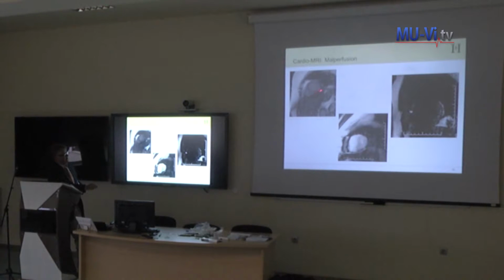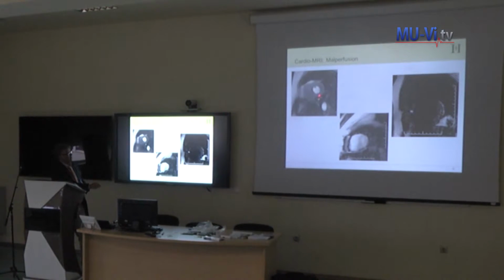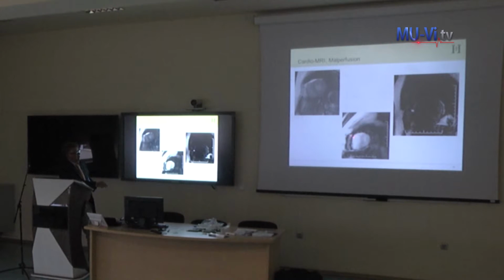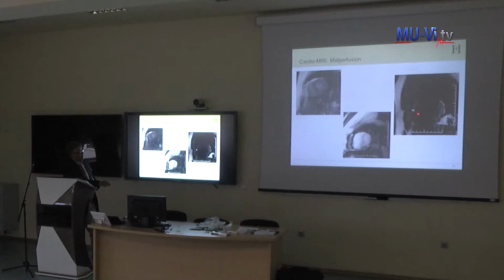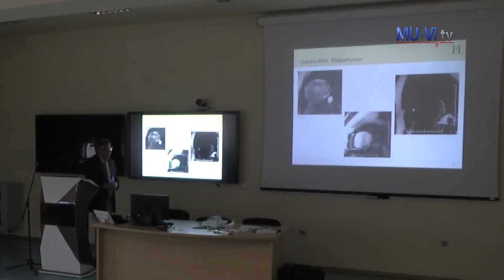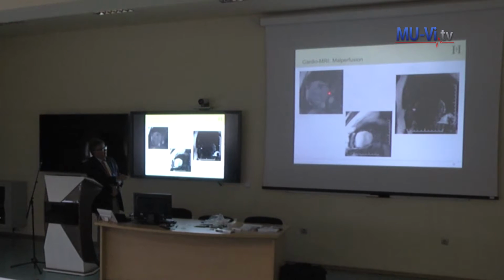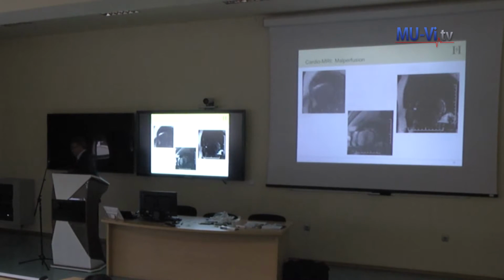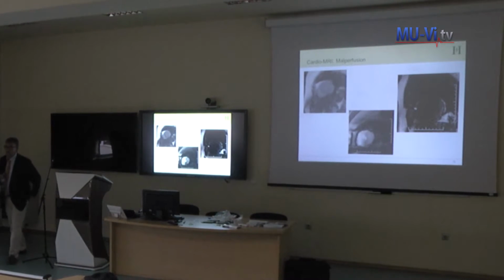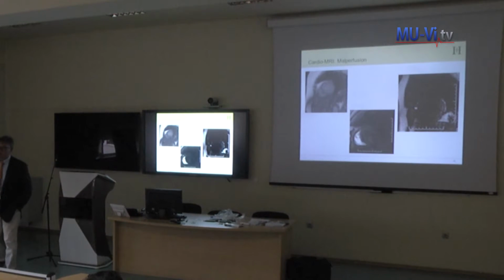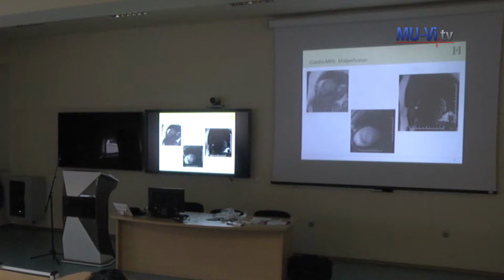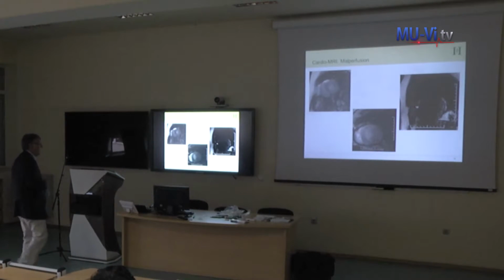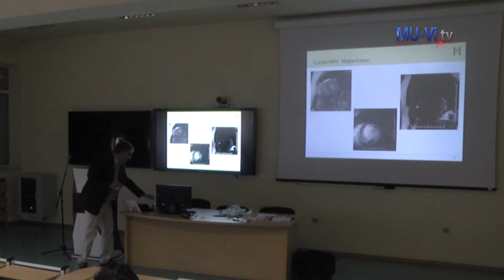Probably it's not that good, but you see a black spot here, and here, and here, and that is a malperfusion. Yeah, and this means this person has a malperfusion because it is inferior. It will be the right coronary artery. This person has to go to the cath lab and to get a catheter. Okay?